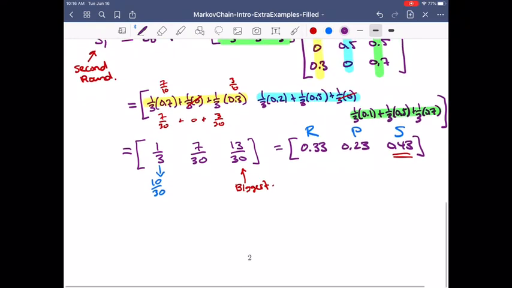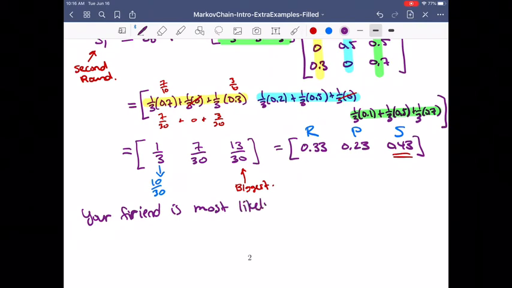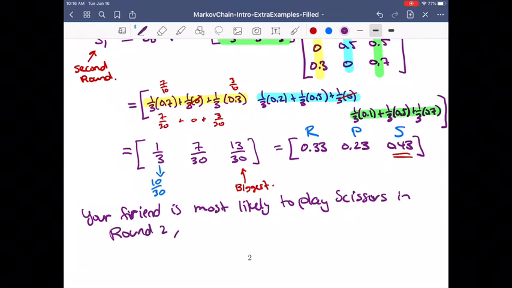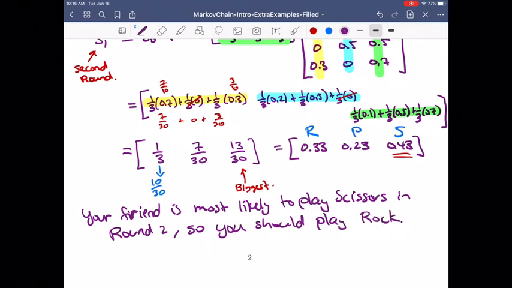So that means your friend is most likely to play scissors in round 2. So you should play rock, because rock crushes scissors, to maximize your chances to win.